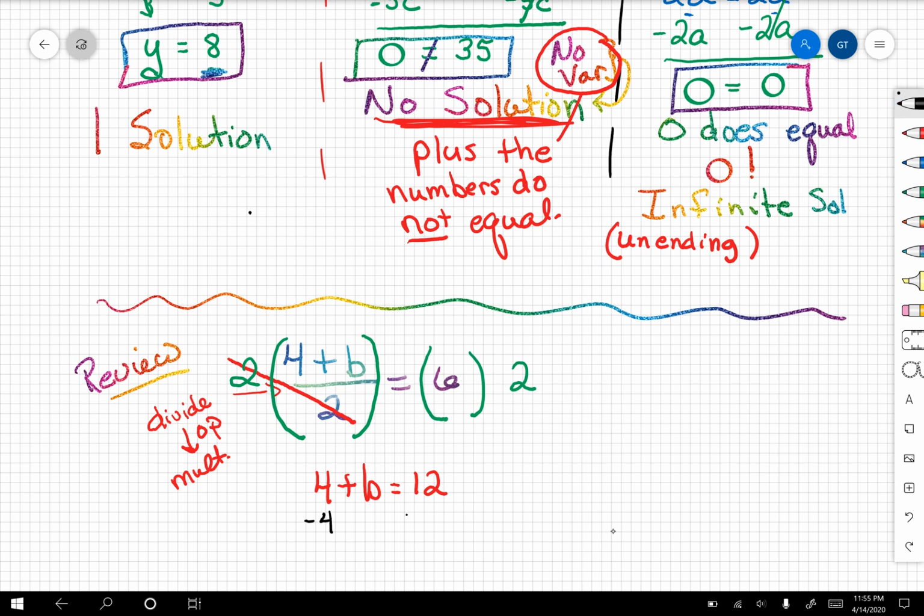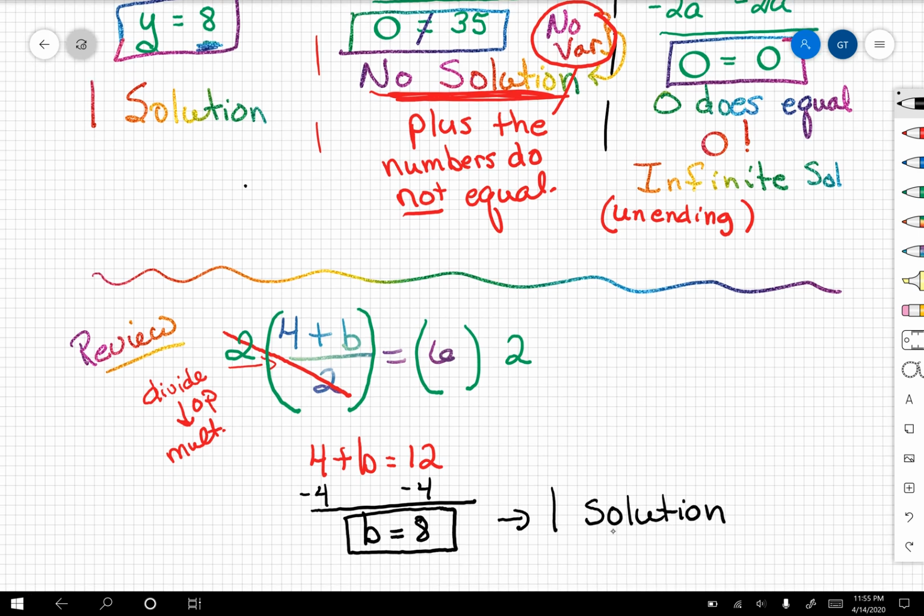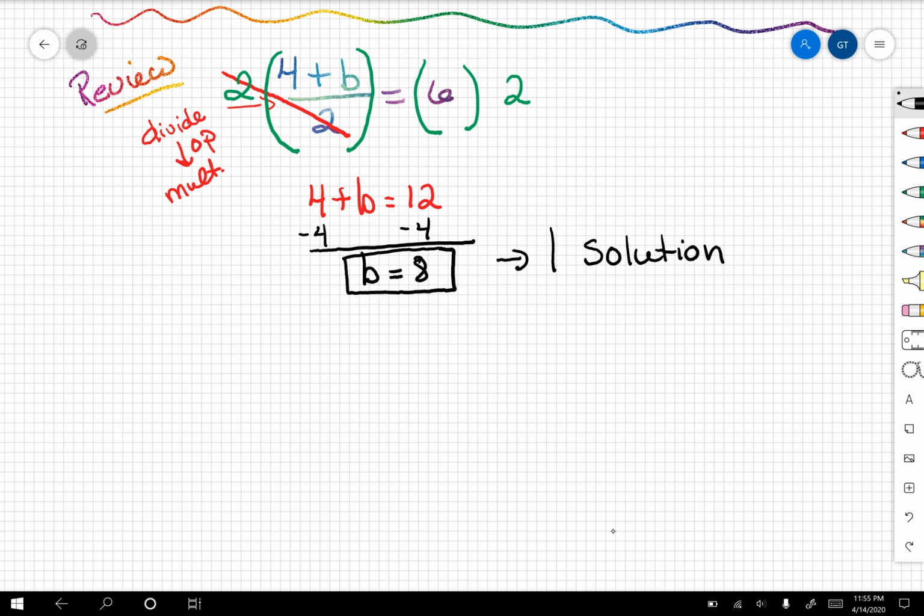So minus 4 from both sides. And b is going to equal 8, I believe. So the variable is going to be b equals 8. Since I have a number, this is actually considered one solution.